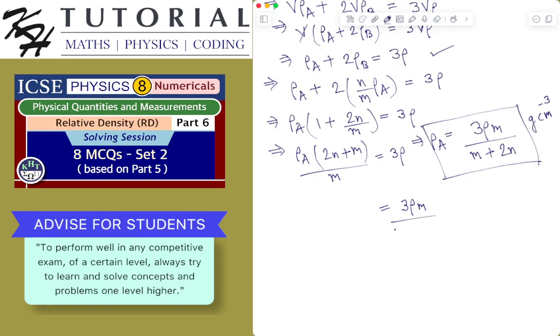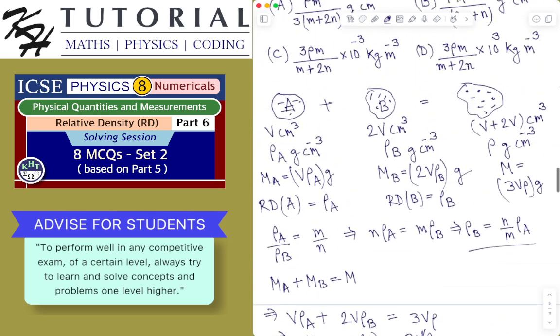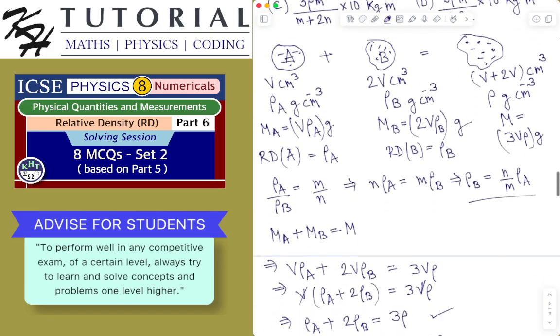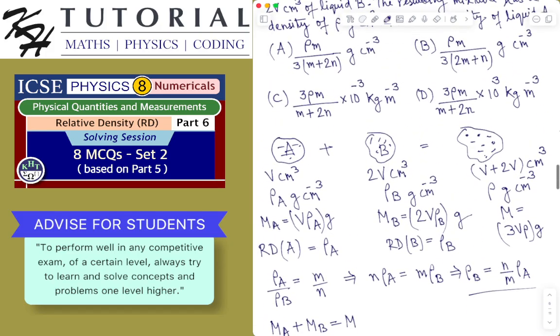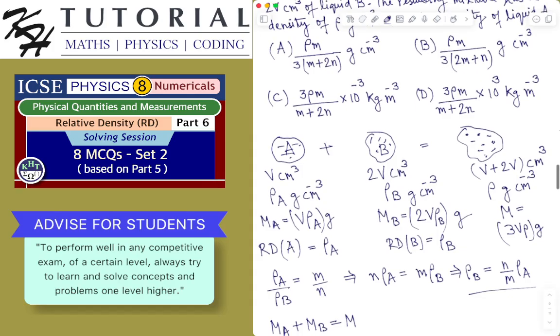So this becomes m plus twice n multiplied by 10 to the power 3 kilogram per meter cube. Okay, now let's see which choice is correct. 3 rho m by m plus twice n multiplied by 10 to the power 3 kilogram per meter cube. So choice D is the correct choice.